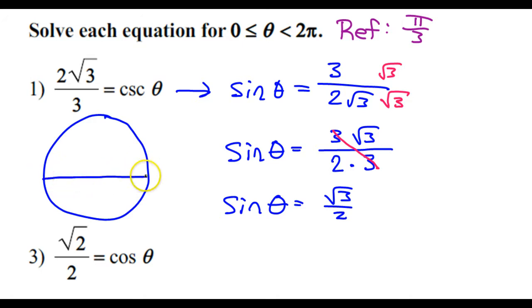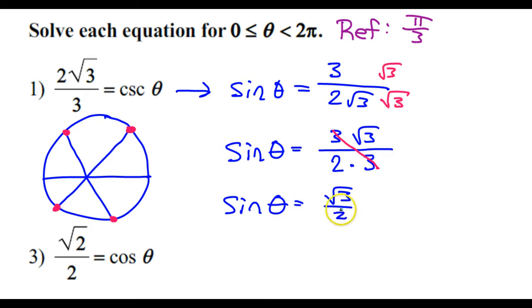So since the reference angle is pi over 3, I'm going to draw some pi over 3's like we do. Alright, so these are my pi over 3's. These are the 4 positions that have a reference angle of pi over 3. 2 of them will give me a positive radical 3 over 2 sine, and 2 of them will give me a negative radical 3 over 2 if I do the sine.